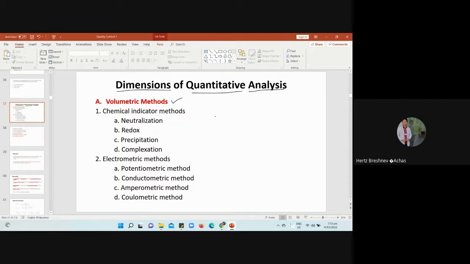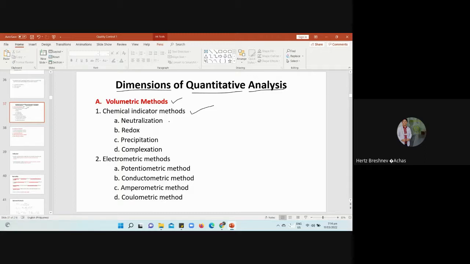There are two methods, but we will be focusing on number one, which is the chemical indicator methods. I've mentioned that we utilize the liquid state of the substance to identify quantity, and there are four methods or principles to do so.